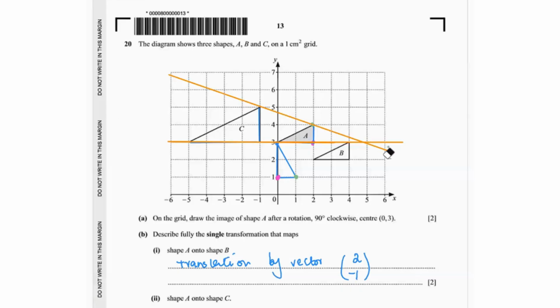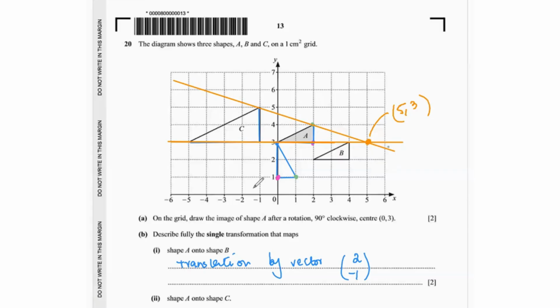So if I draw this again, actually. Yep. Center of enlargement is (5, 3). And scale factor is 2.